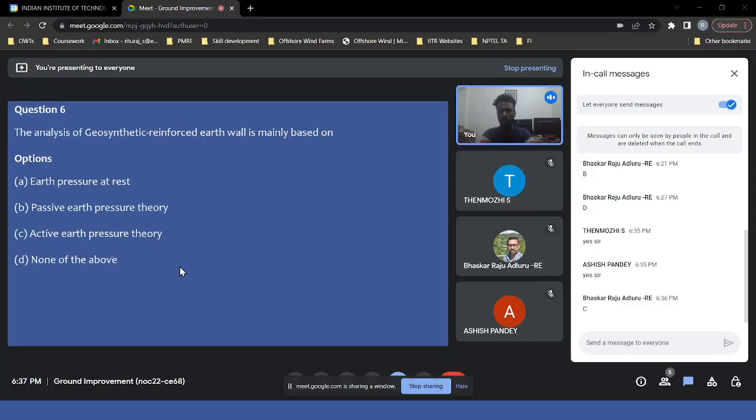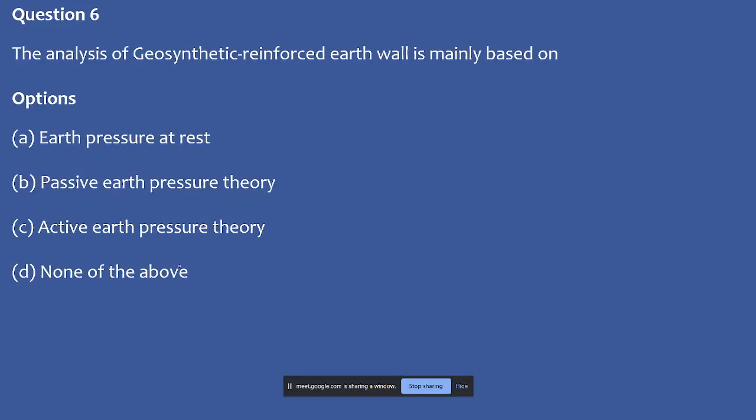Yeah, so Bhaskar is correct. These walls are basically analyzed with the help of the active earth pressure theory, which we have discussed when we were dealing with the failure of the slope mechanism, or when we were discussing the retaining walls. There we discussed how the active earth pressure theory can be used in analyzing the stability of the earth walls.